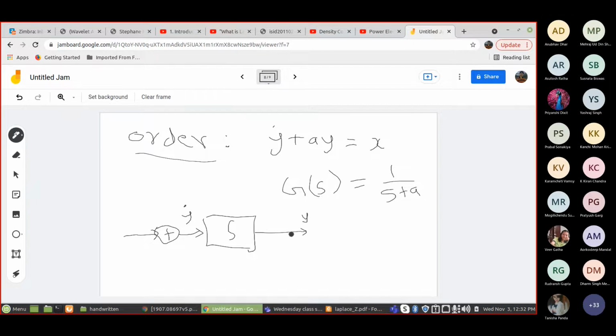Then y dot is equal to a times y, and that a times y we want to subtract from the input. So this is our input. In the feedback, you are going to have a here, and that you are going to subtract. So this is a hardware schematic of realizing your transfer function using integrators, adders, and multipliers.